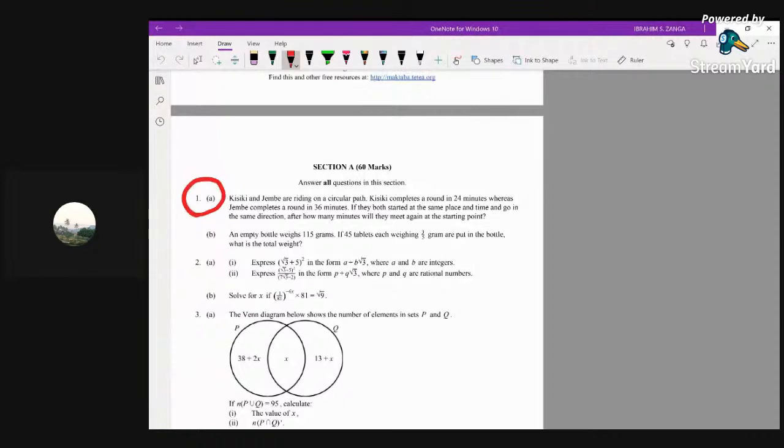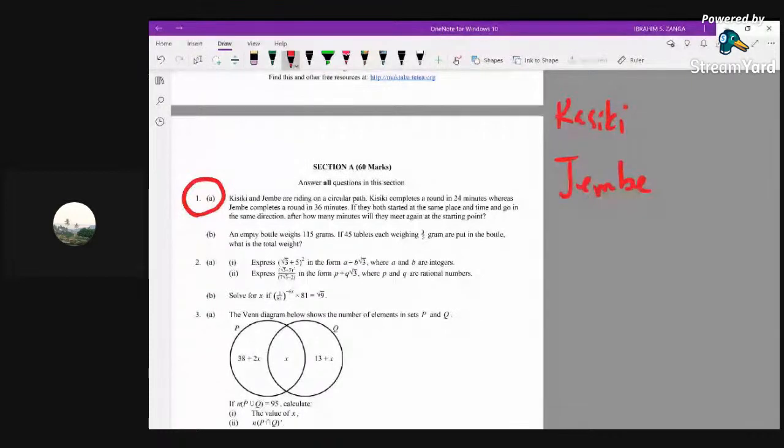So as we can see in the question, we have Kasiki and we have Jembe. They are riding on a circular path. Kasiki completes a round in 24 minutes and Jembe completes a round in 36 minutes.